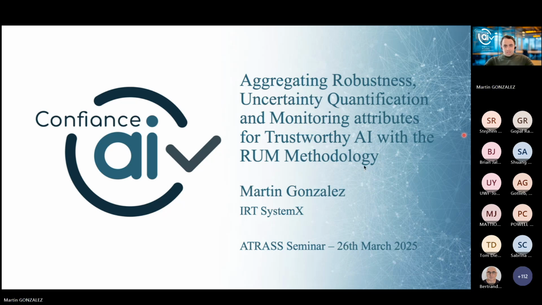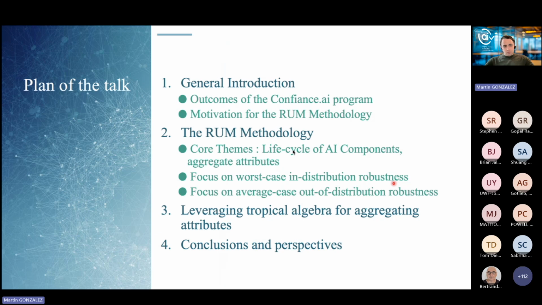So I'm going to dive right into the plan of this talk. I'm going to start with a general introduction, which in a way is going to be a 4-year retrospective of some of the work done within the Confiance AI program and some perspectives on the work done in its current collective initiatives. That will also serve as a motivation for the need of this RUM methodology.